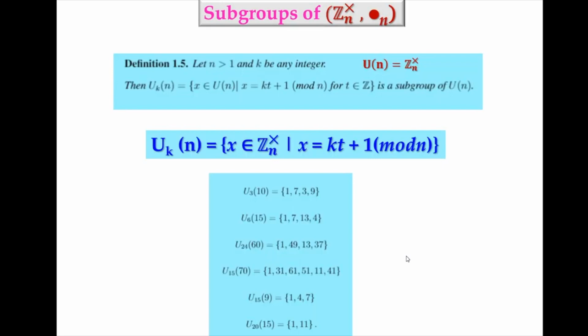Then in the case of the group of units, we can have this result. It's given in the Gallian book. So for n greater than 1 and k any integer, we have the subgroup of this, because this is a group of units.